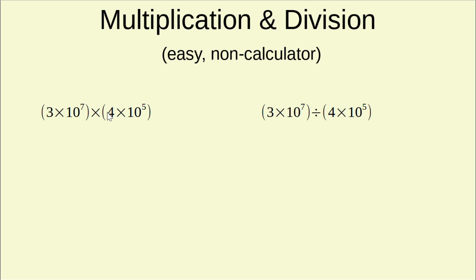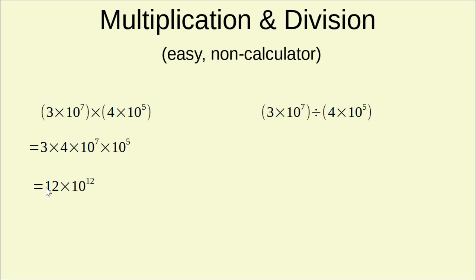We take 3 times 4, and 10 to the 7 times 10 to the 5. 3 times 4 is 12, and 10 to the 7 times 10 to the 5, the 7 plus 5 is 12. And there is your answer.